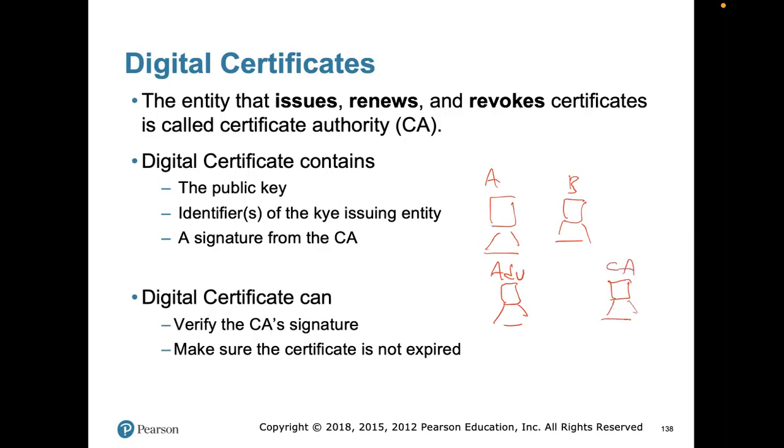The certificate authority is the node that everyone knows and relies on. It has already shared its public key with the network, so Alice, Bob, and anyone in the network knows the public key of this certificate authority.